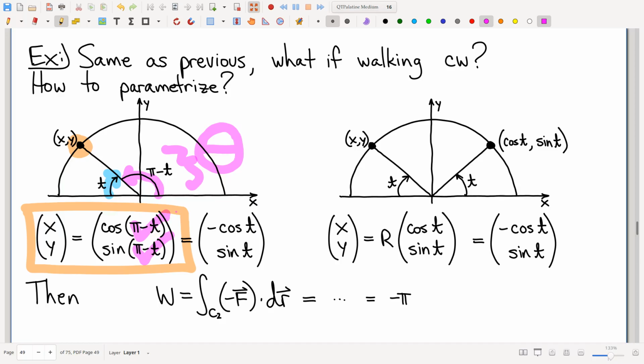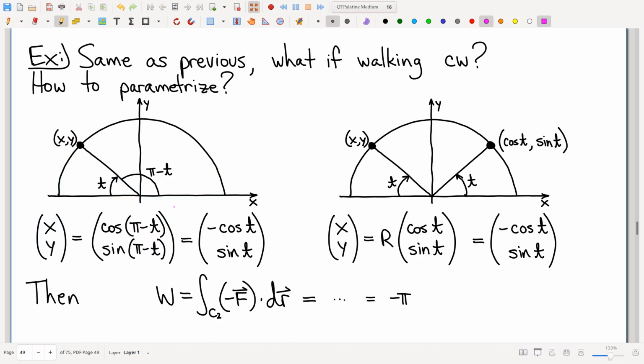Cool. Okay, here's a different way to do it. Perfectly valid. Clever argument, too. If I want to know how to parameterize that curve like so, and if I remember, I already know how to parameterize counterclockwise, right?